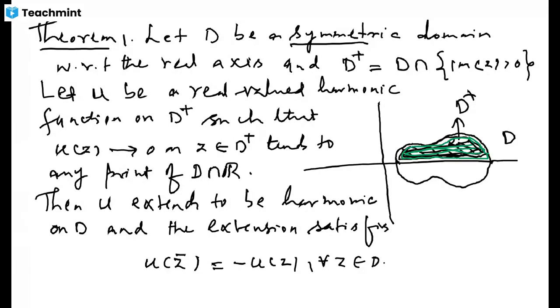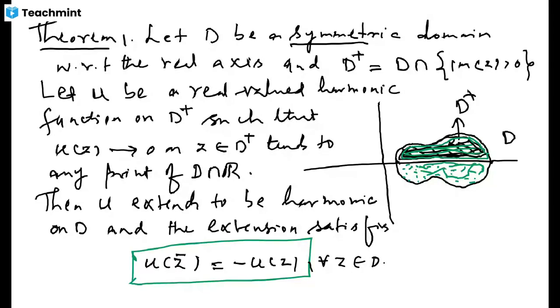Then the conclusion says that this function can be extended to a function defined on the whole of the domain D, and that the extension itself is a harmonic function, and it satisfies this inequality. It simply says that if z is in the D plus part, then z bar is somewhere in the lower part of this domain.